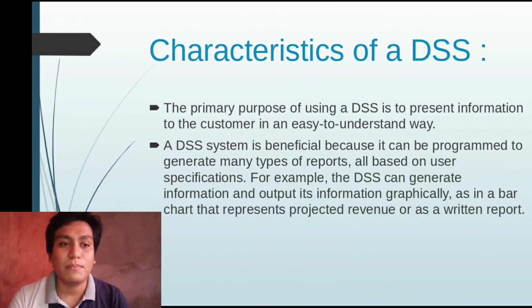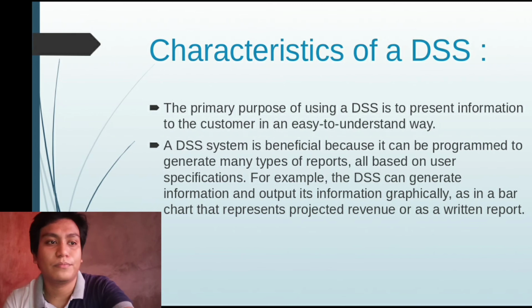A DSS is beneficial because it can be programmed to generate many types of reports, all based on user specifications. For example, the DSS can output its information graphically, as in a bar chart that represents projected revenue or an asset briefing report.